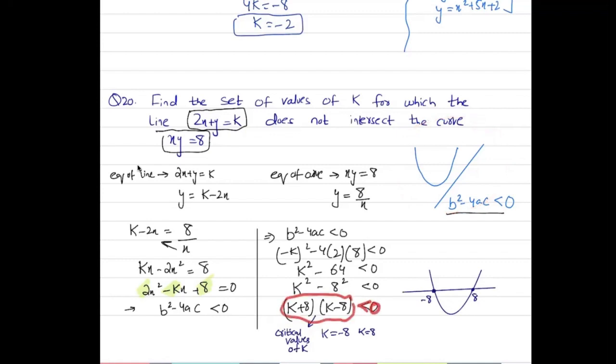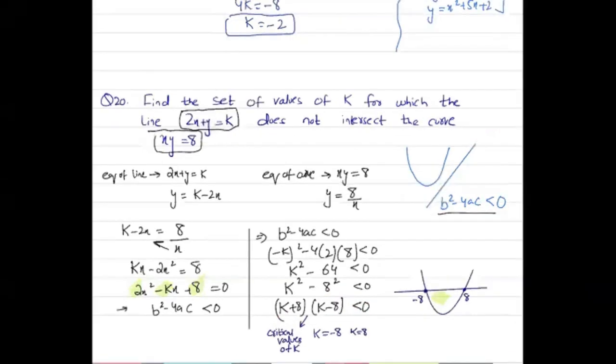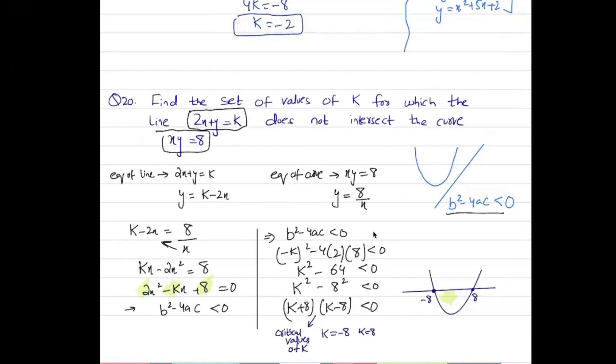When it is less than 0, what would be the required range of k? Since it is less than 0, the required region is below the x-axis. So k value should be greater than minus 8 and less than 8, remember?